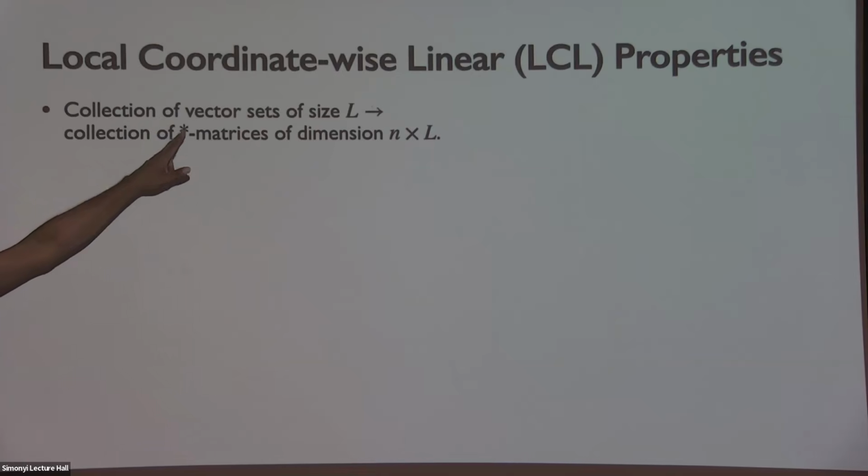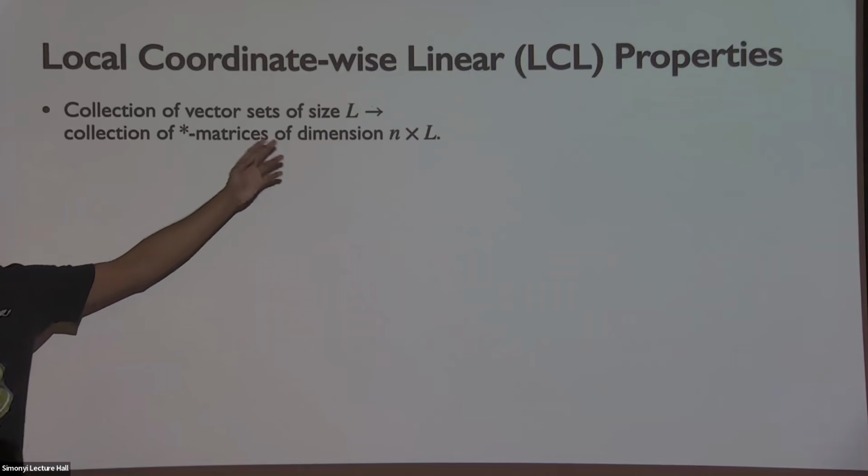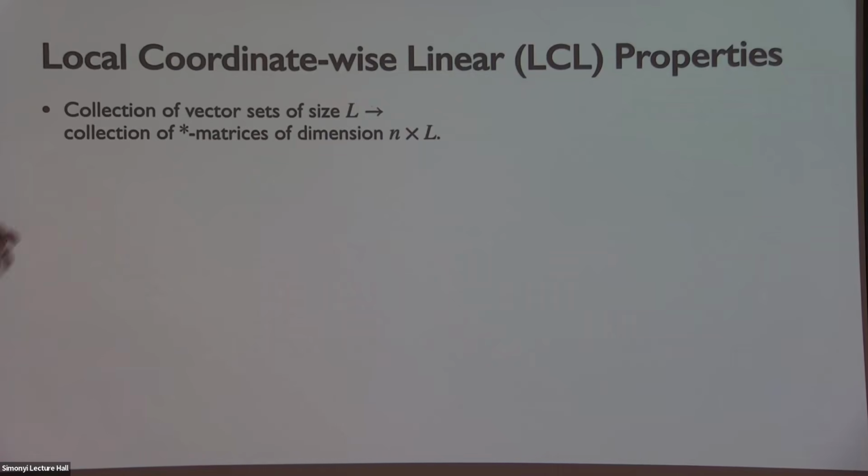Instead of talking about vector sets of size L, I'm going to talk about a collection of star matrices of dimension n cross L. This notation I just made up, just so that I'm saying the columns in this matrix are all distinct, because I want to talk about vector sets in the end. One other thing I'll say is that for list decoding, this will be L plus 1. This notation might be a bit confusing, so I'll clarify that.